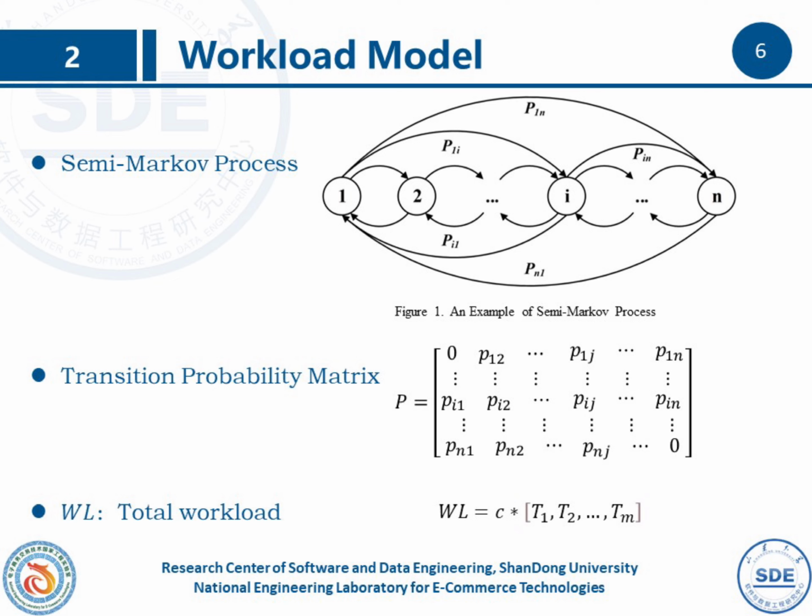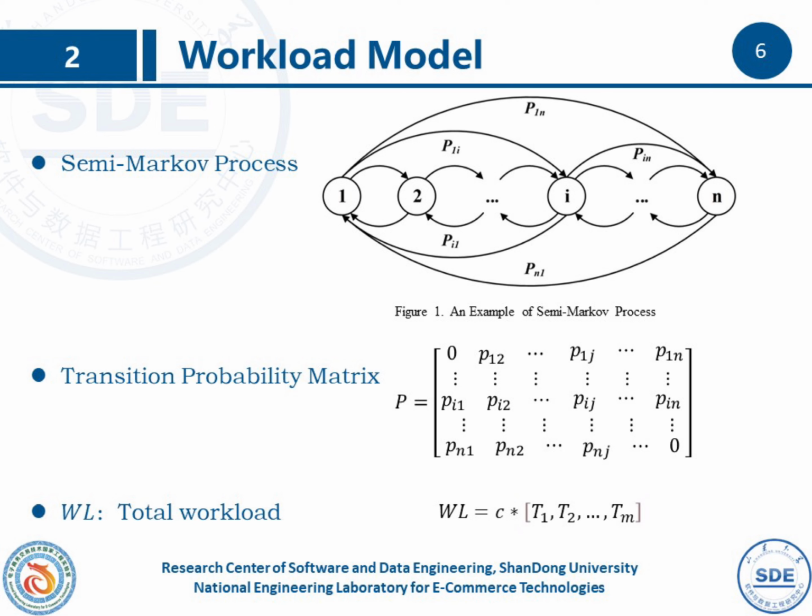Therefore, we extend the Markov function and establish the SMP model, which is able to capture more details and patterns in the workload and to provide much more accurate results of performance analysis. An example of SMP model is shown in Figure 1.